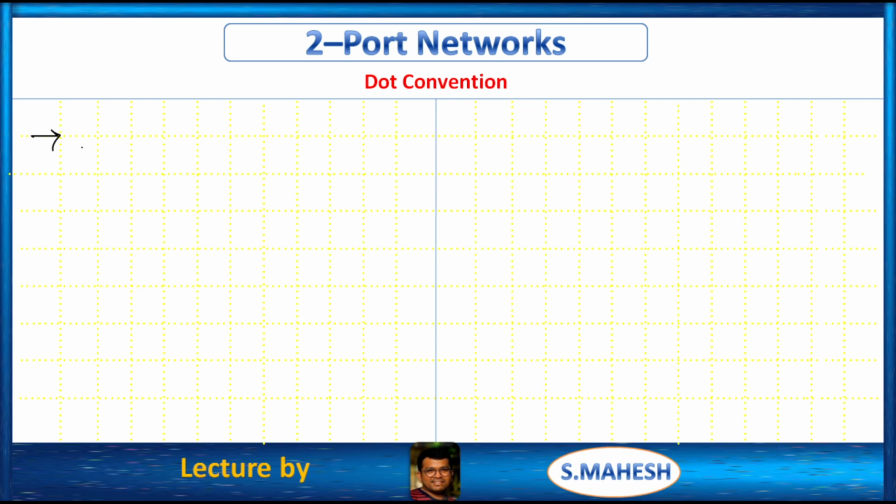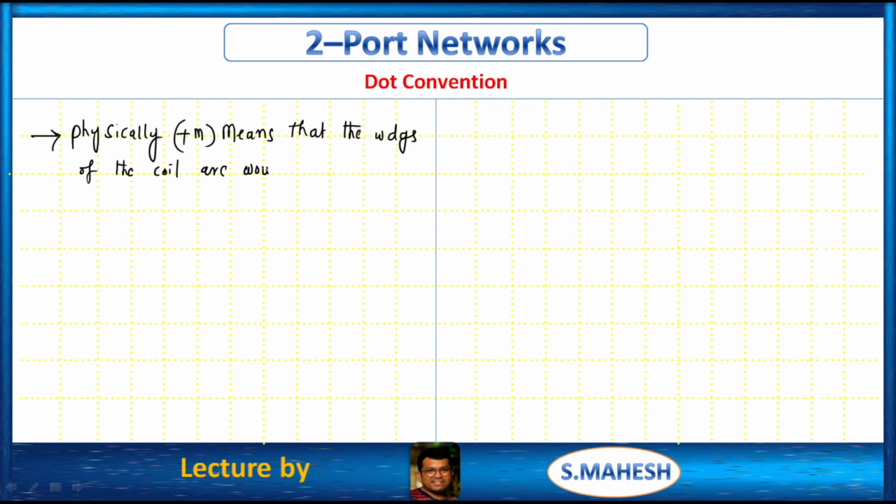So now we can write one important point. Physically, plus M means that the windings of the coils are wound in the same manner as one another.